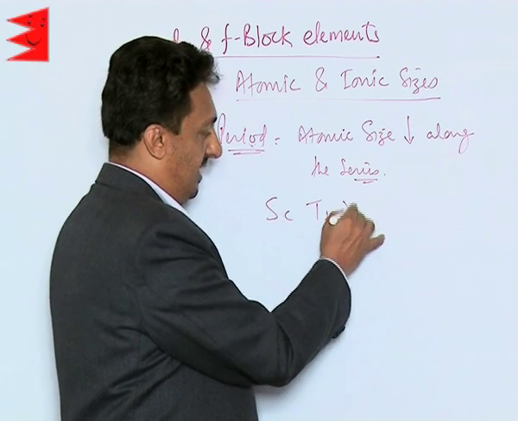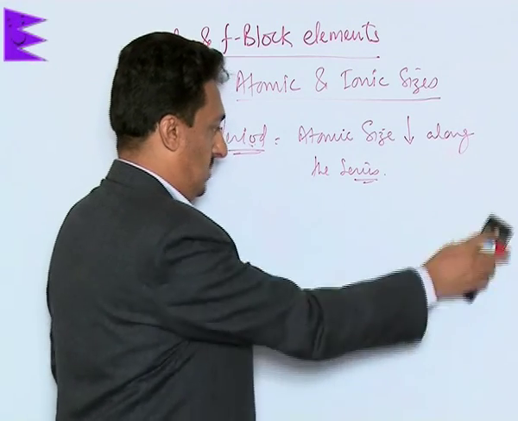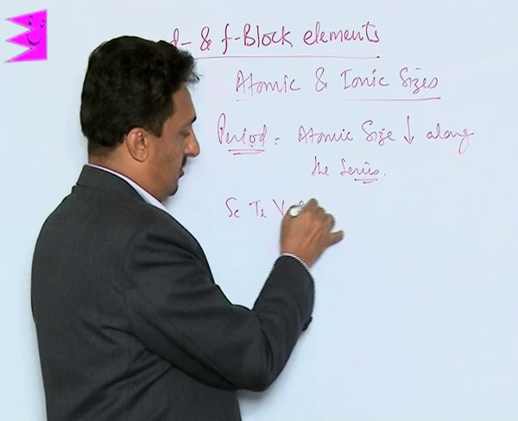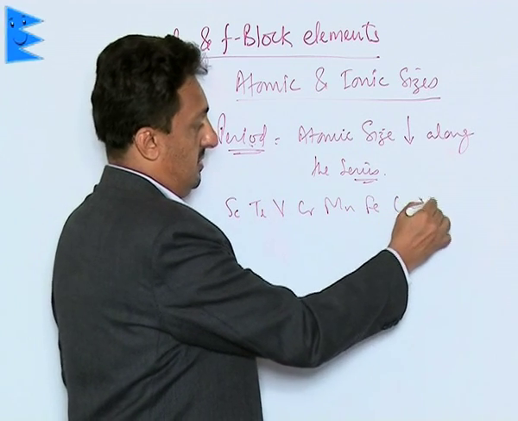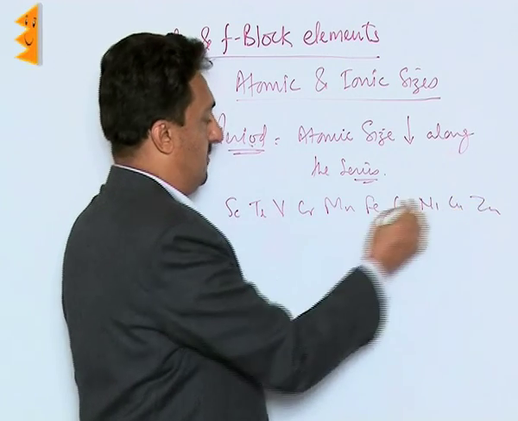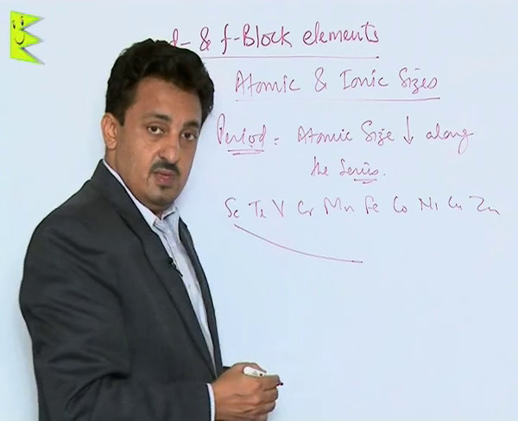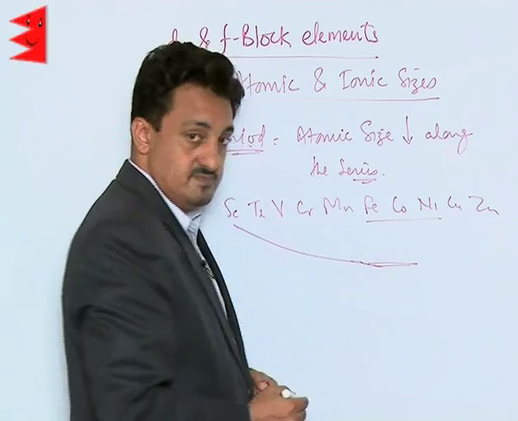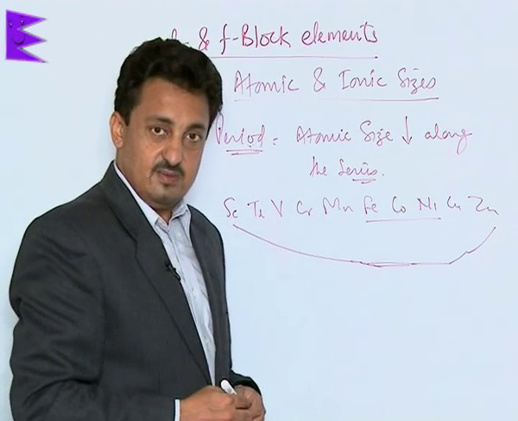Scandium, titanium, vanadium, chromium, manganese, iron, cobalt, nickel, copper and zinc. What we find is the size decreases to the middle of this series, and then it becomes almost constant in these three elements, and then it again picks up in case of copper and zinc.